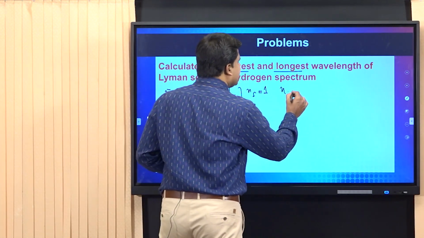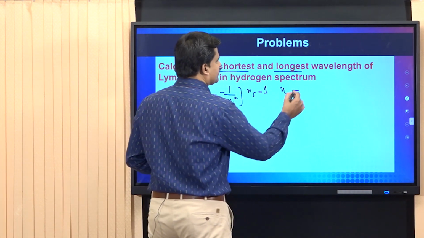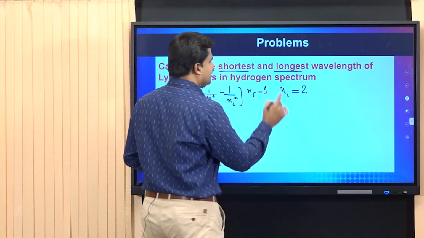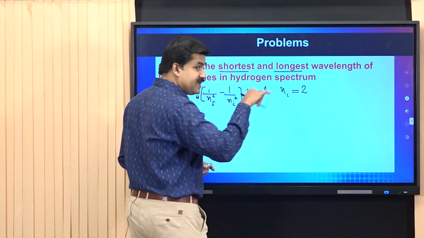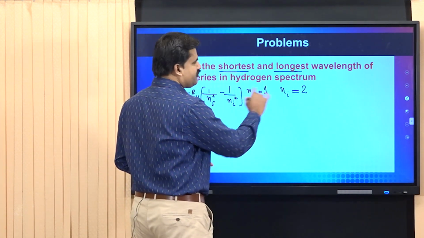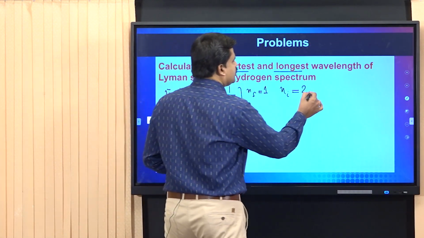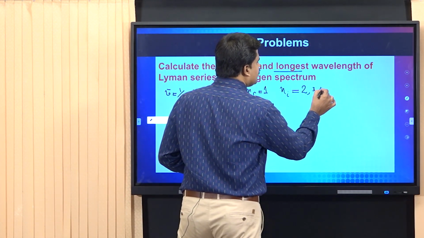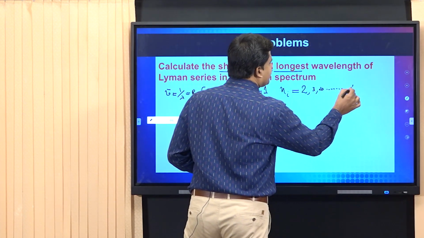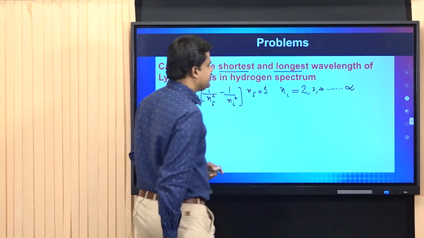If Ni is 2, it should be noted that Ni must be higher than n final. Therefore, the possible values of Ni are 2, 3, 4, etc., and finally the value may be infinity.